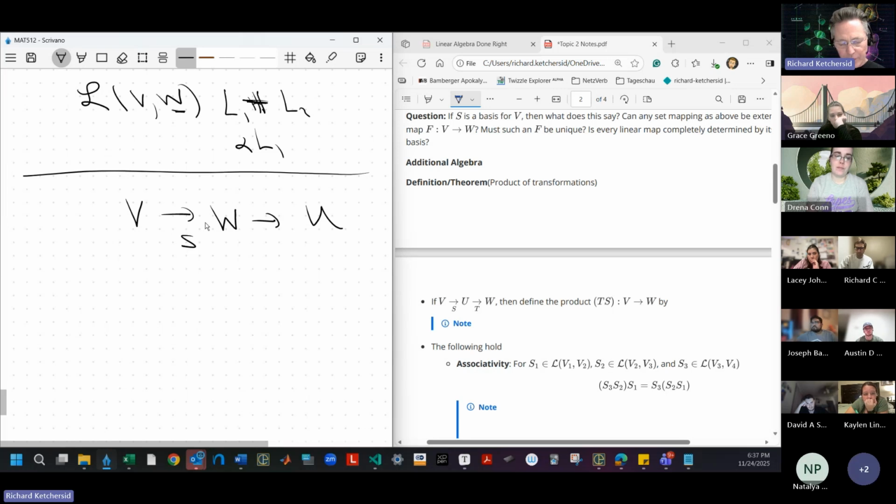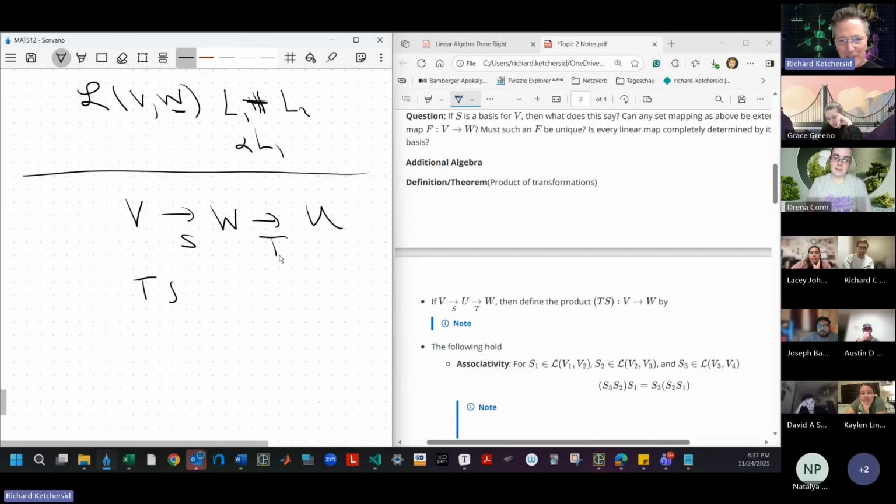So if I have an S going from V to W and a T going from W to U, how do we define the product of these things? And what is the order? Do I define ST or TS? Actually, TS.